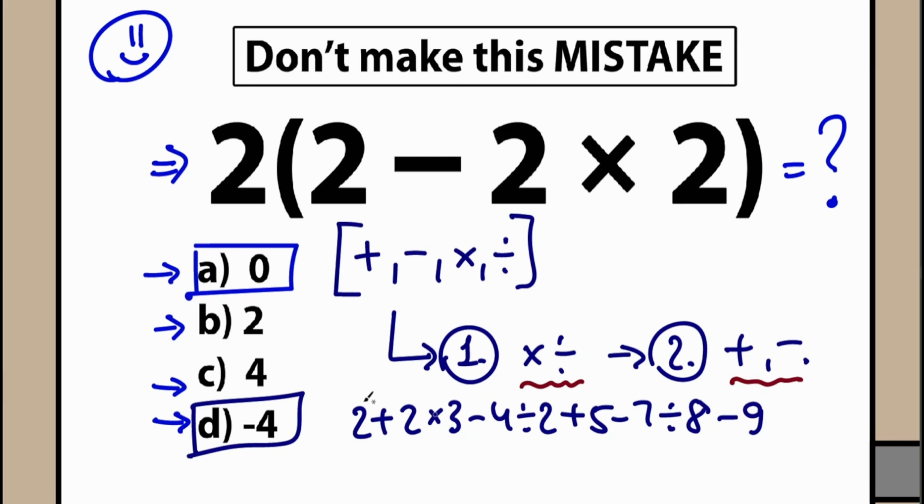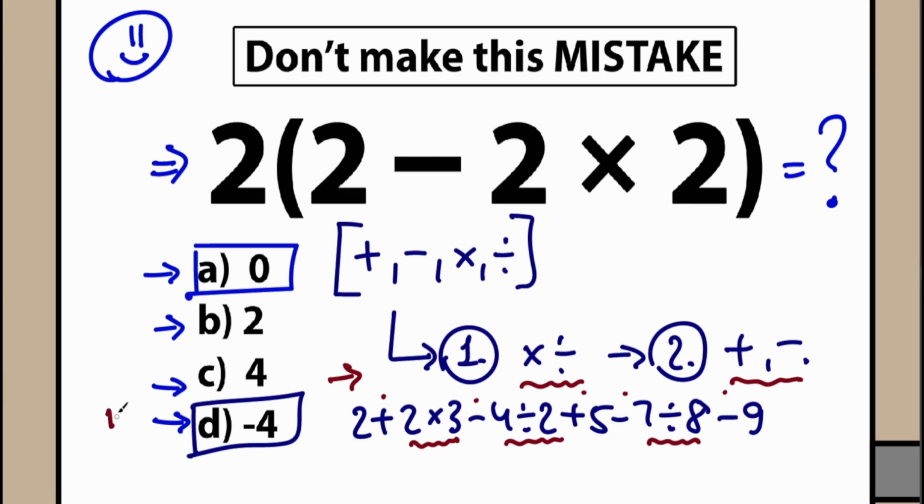Whenever we have this complicated expression without parentheses, without exponents, we need to perform multiplication first. Right here we're going to multiply, right here we're going to divide, right here we're going to divide, and then from left to right, because then we will be left with only additions and subtractions. So it's not that hard. But first of all, multiplication and division in a strict order from left to right.